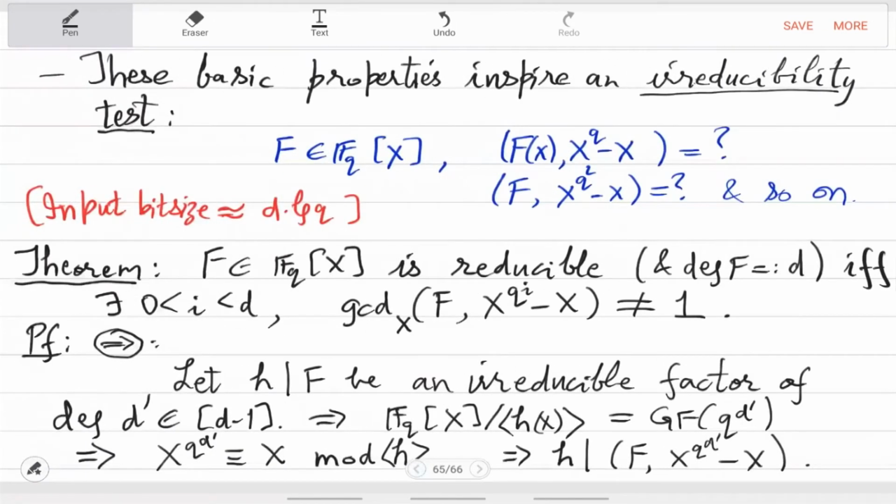Okay, let's prove the converse now. So converse is more interesting. So suppose for some I you get the GCD, well, we'll actually do it the contrapositive way. So you want to show that the conclusion implies the premise, right? So instead we'll show that if big F is irreducible, then the GCD is 1. Okay, let us prove the contrapositive.